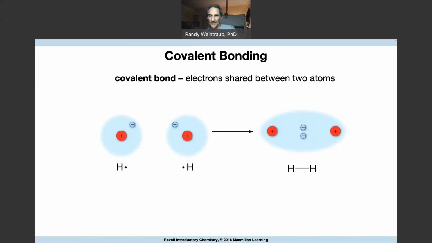Remember that the first energy level only contains 2 electrons. By forming this covalent bond, the hydrogens both complete their valence level. When 2 hydrogens combine, this is now called a molecule.